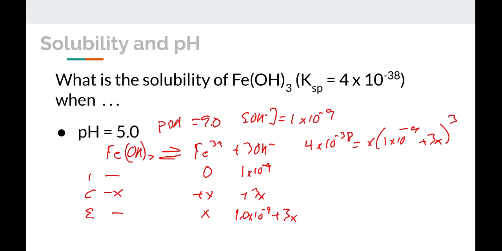But 4 times 10 to the minus 38 is really, really small, so 3x is going to be very small compared with even 1 times 10 to the minus 9. So we could rewrite this as 4 times 10 to the negative 38th being pretty much equal to x times 1 times 10 to the minus 9, cubed. And then you can solve this for x pretty easily.